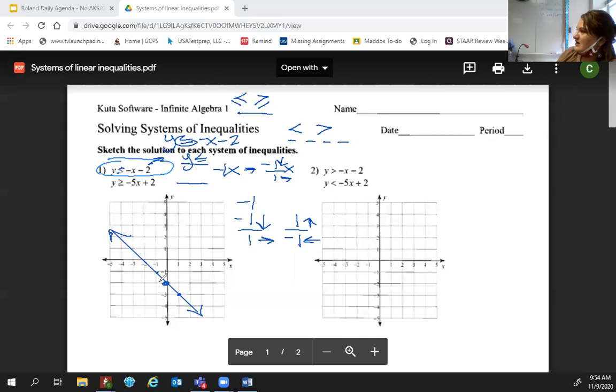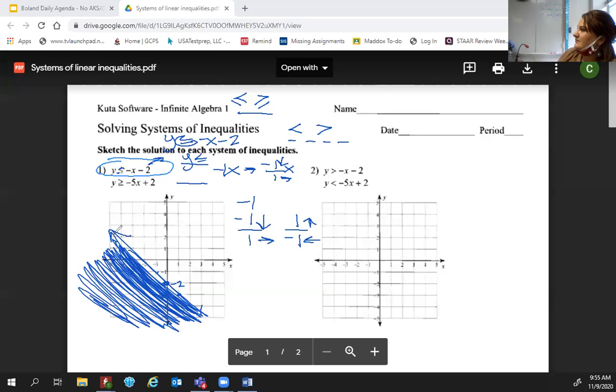Think of our y-intercept as being what? -2. What y's are below -2? -3, yes. And that will tell us to shade this portion of our graph. We still have to recognize the solutions.